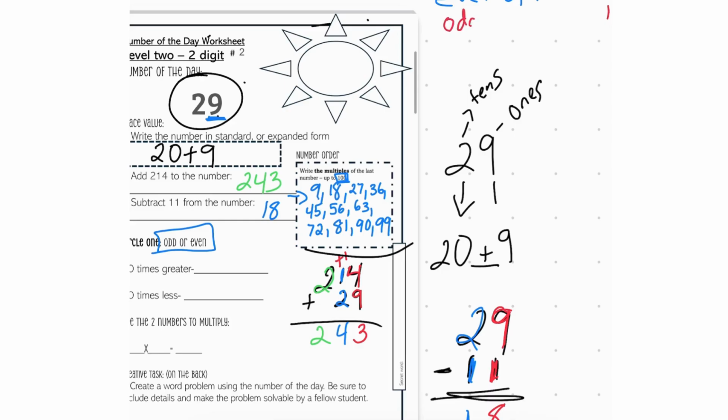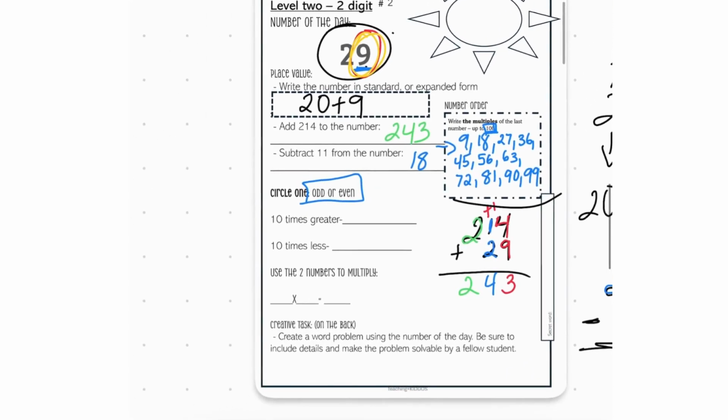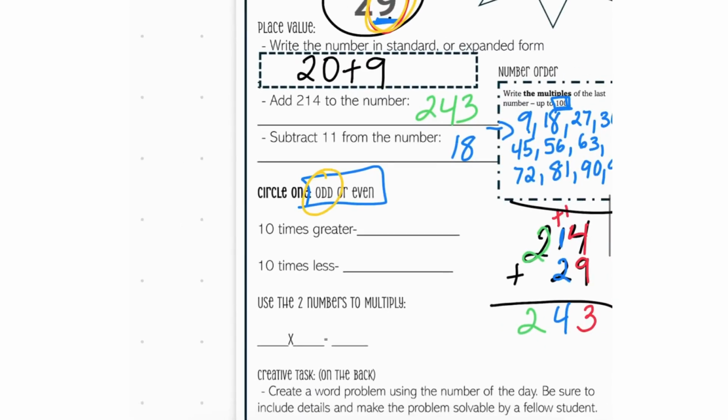But if you are looking at numbers 1, 3, 5, 7, 9, those are our odd numbers. And if you look, we have a 9 here and a 9 here. I'm doing a different color. There's our 9, there's our 9. So the number 29 is going to be, go over to your worksheet and double check what you wrote, an odd number.